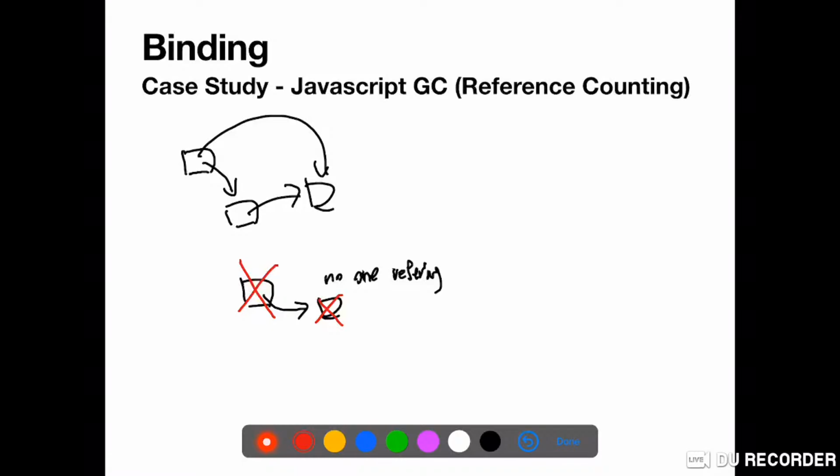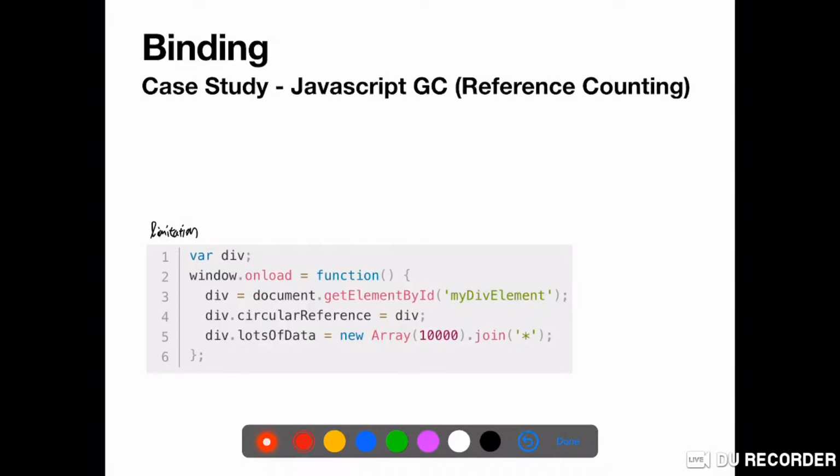But the problem with reference counting is if you have some data structure that's referencing itself, then that data structure can never be garbage collected.